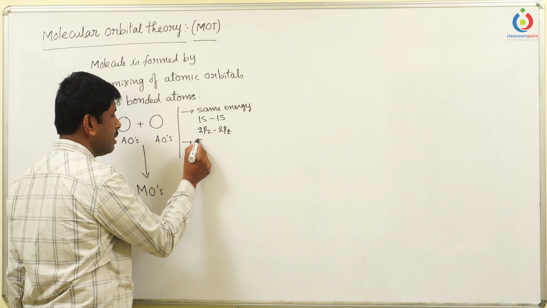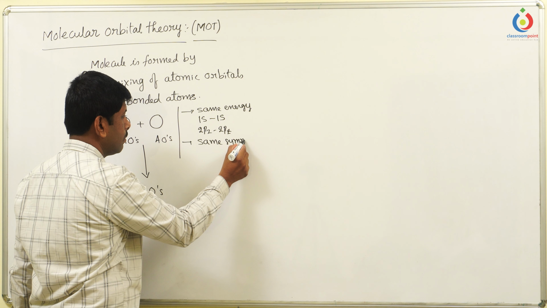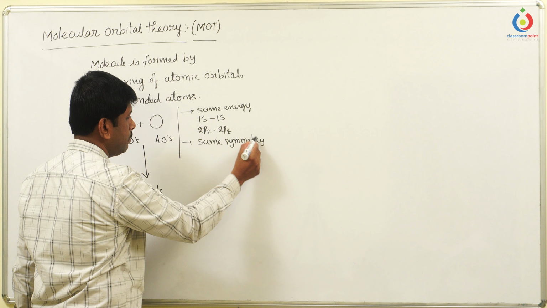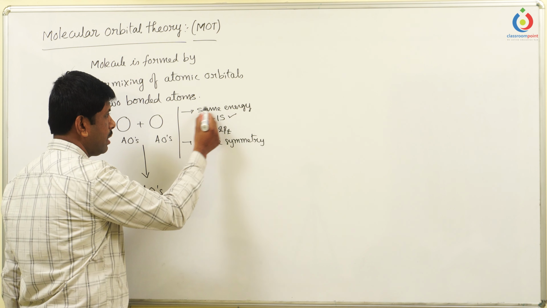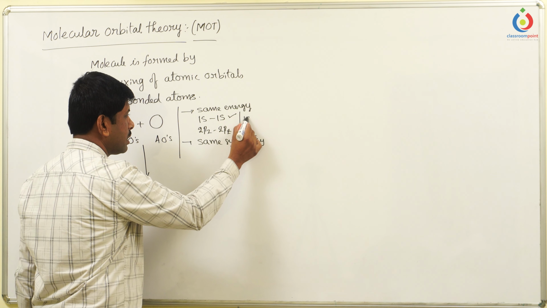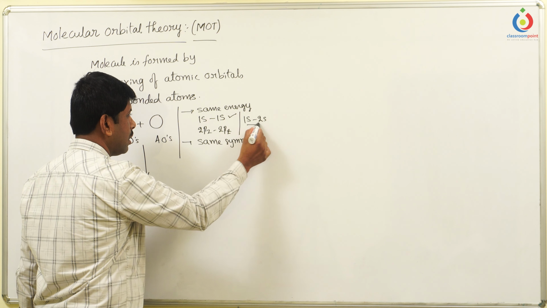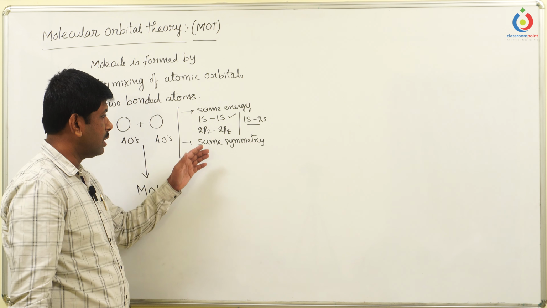That means they must have the same symmetry also. So 1s intermixing is possible because they carry the same amount of energy. But in case of heteroatoms, 1s can intermix with the 2s orbital. But in most cases, the 1s orbital intermixes with the 1s orbital.